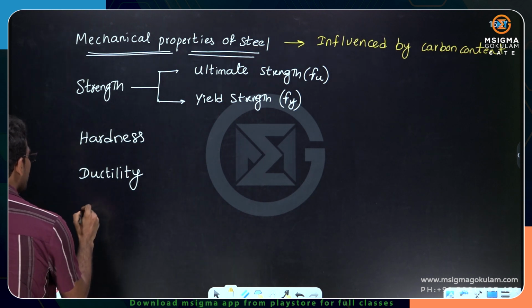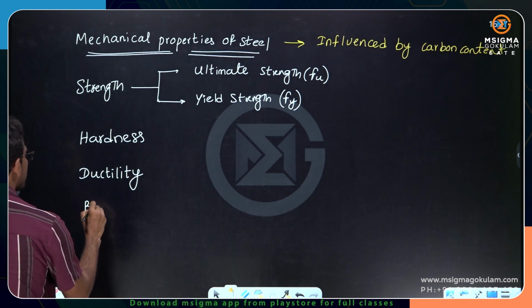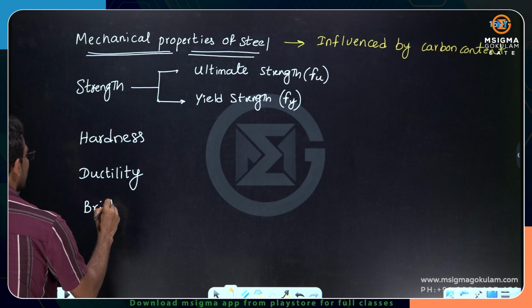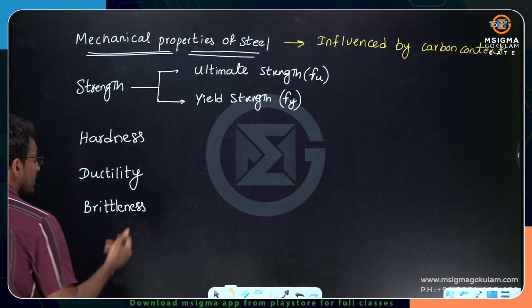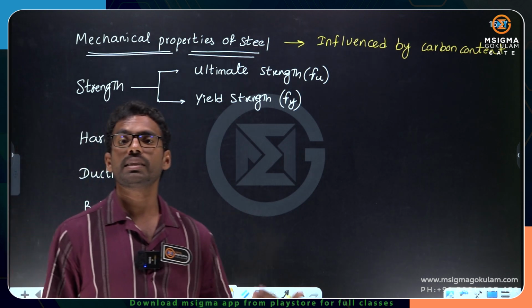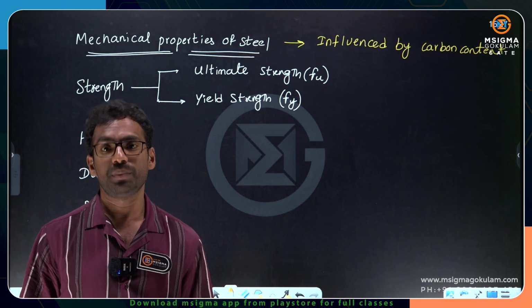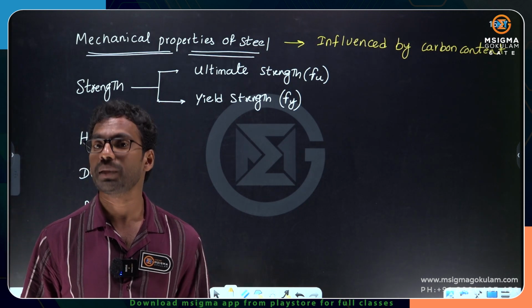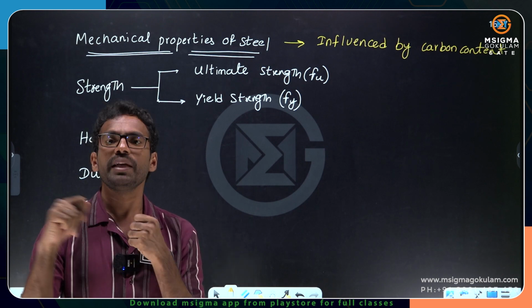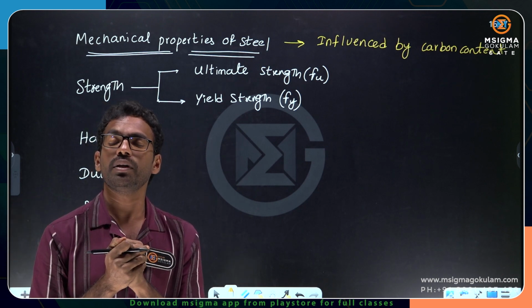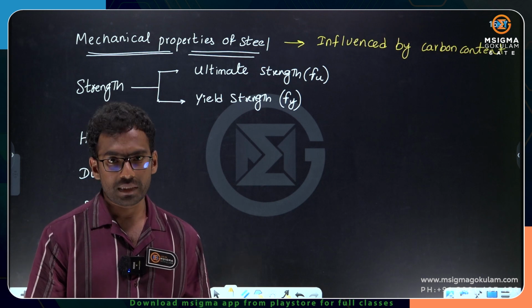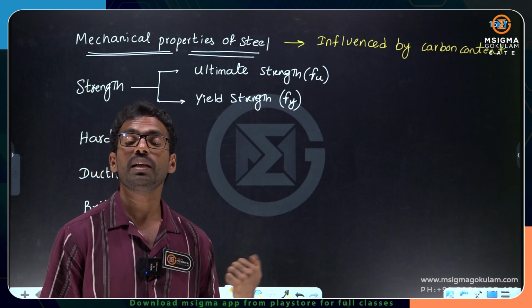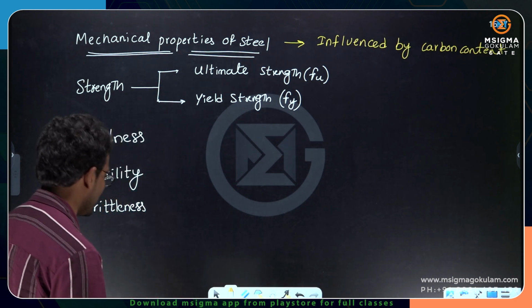And we have something called brittleness also. What is brittleness? It is the tendency of a material to fail abruptly, suddenly, what we call catastrophic failure. Whenever you apply tensile force, it simply breaks into two pieces. That kind of material property is what we call brittleness.